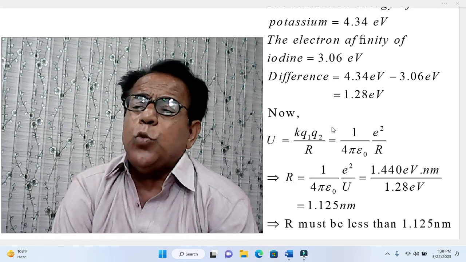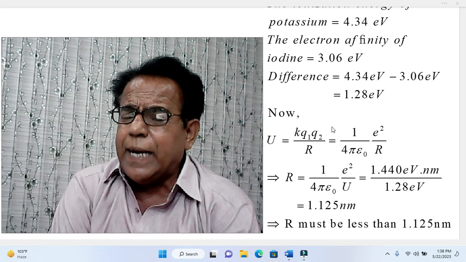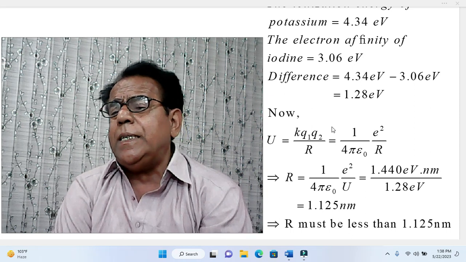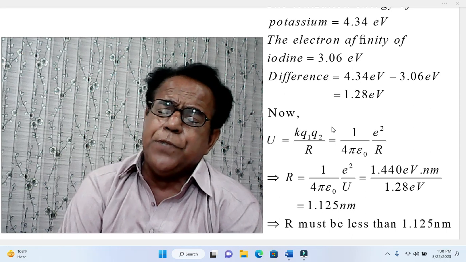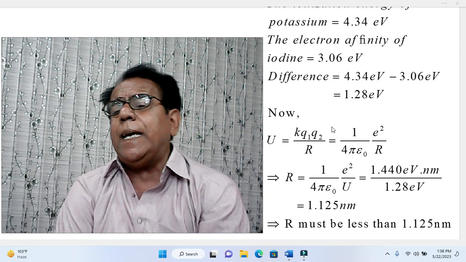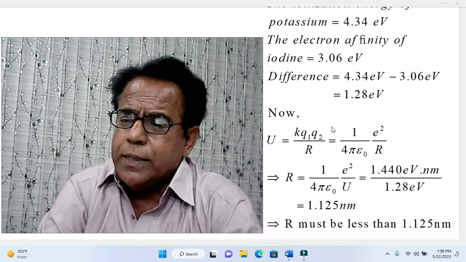In place of Q1 Q2 we will take e, the elementary charge, and hence we will get e square. From here we shift capital R to the other side of equality and U to the other side, and hence capital R becomes equal to 1 over 4 pi epsilon naught, e square over U.